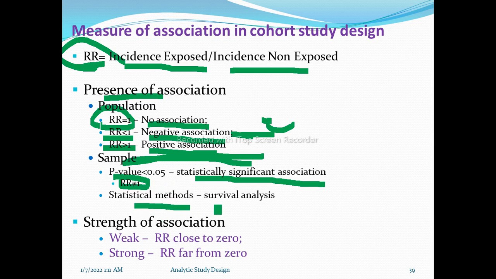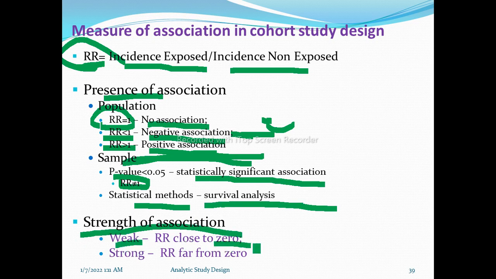The statistical methods are mostly survival methods, so we will use survival analysis. As for strength of association, it is weak if relative risk is close to 1, and strong if relative risk is far from 1. If relative risk is greater than 5 or so, it will be strong.